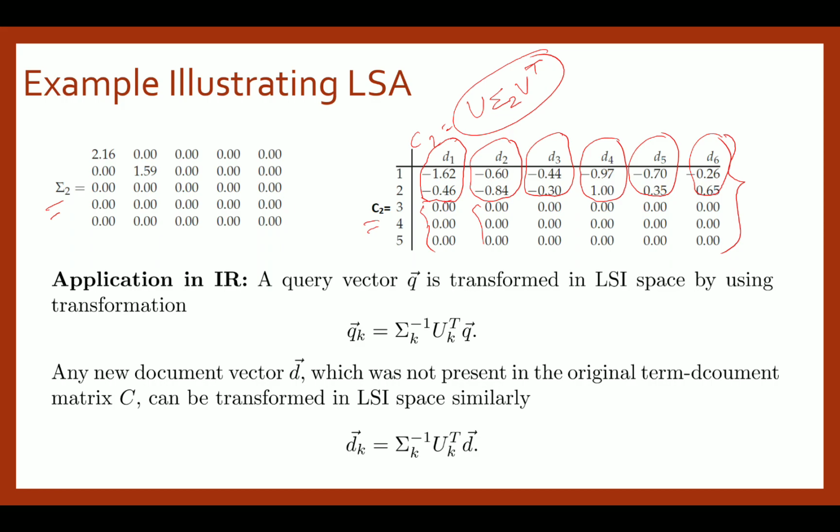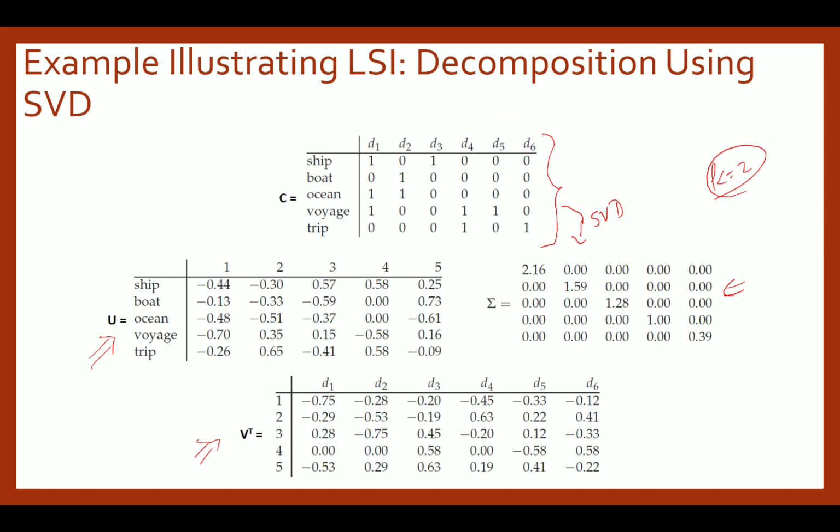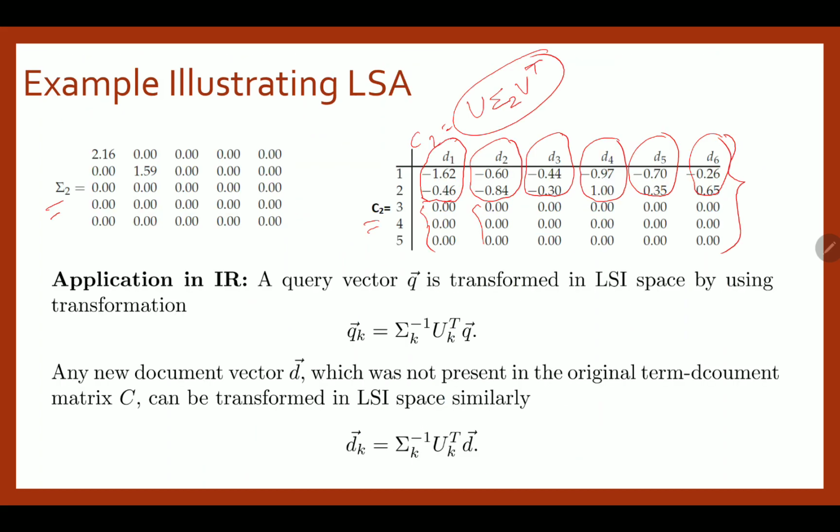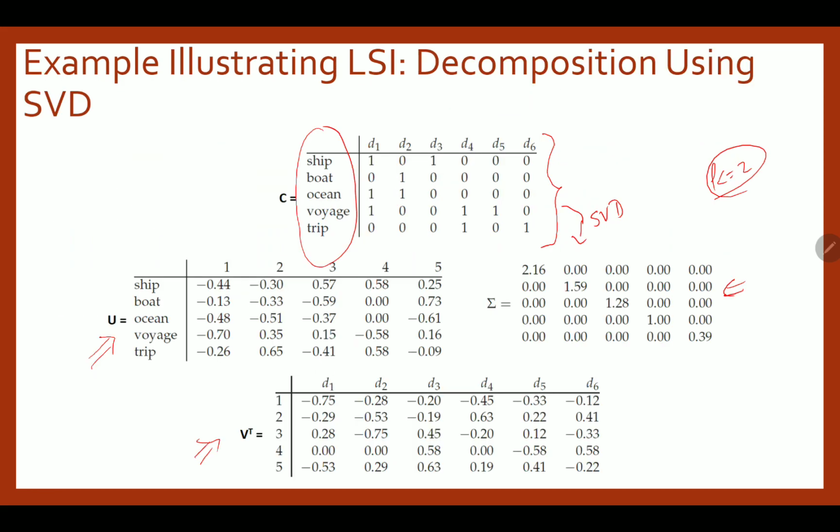Originally the Q would be represented in terms of this vocabulary set, so your query is basically in the V-dimensional representation. But now you want the representation which is much smaller. So here it's 2-dimensional and here it's 5-dimensional.